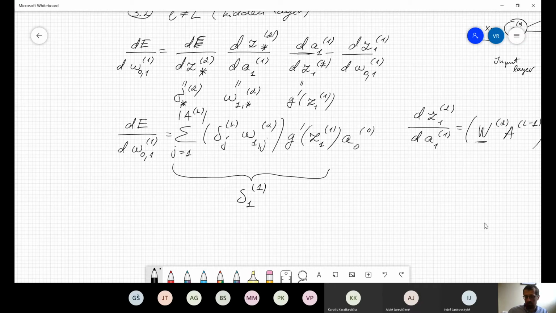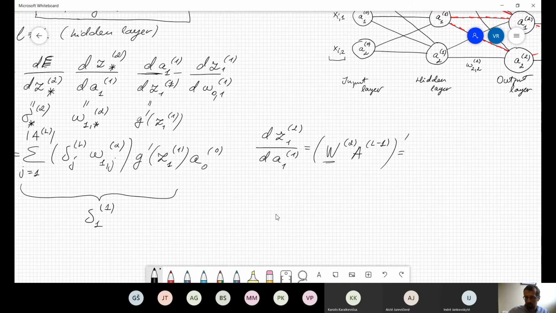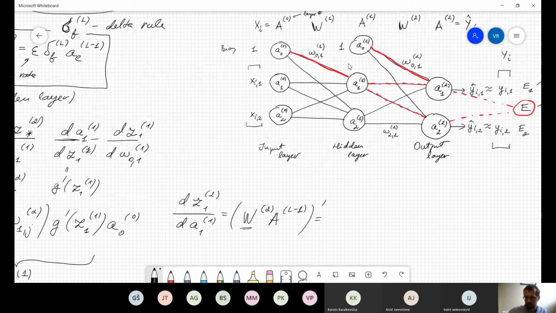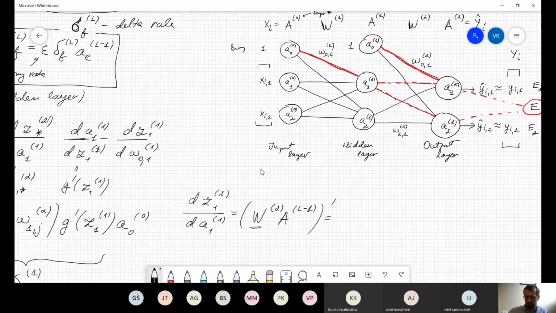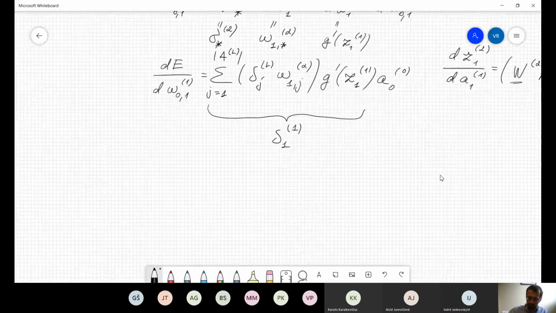So this is again the error, the part of the error which got propagated through this specific neuron. And when you want to reach these, you recursively calculate these deltas throughout the network.